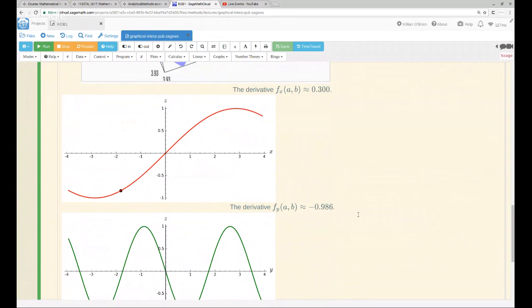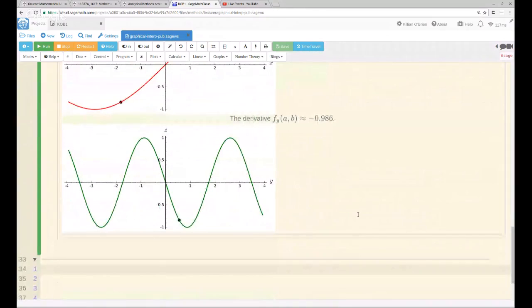0.3 is slightly positive, so that agrees with this picture here, where the tangent line has a fair positive slope. Now when you look at the y derivative, written here is the output of the calculation: the partial derivative with respect to y of our function f, evaluated at this particular base point (a, b), is minus 0.9.